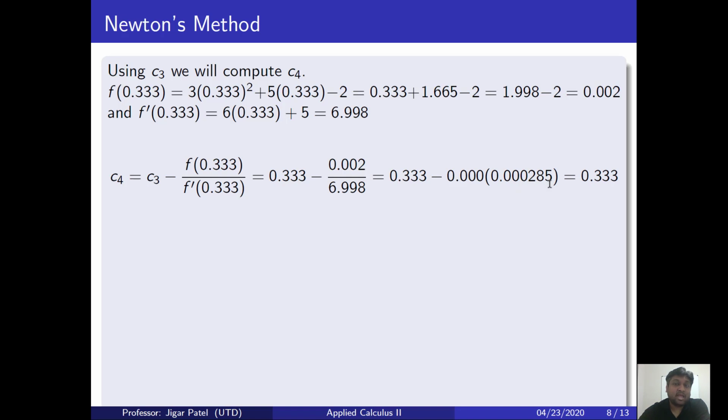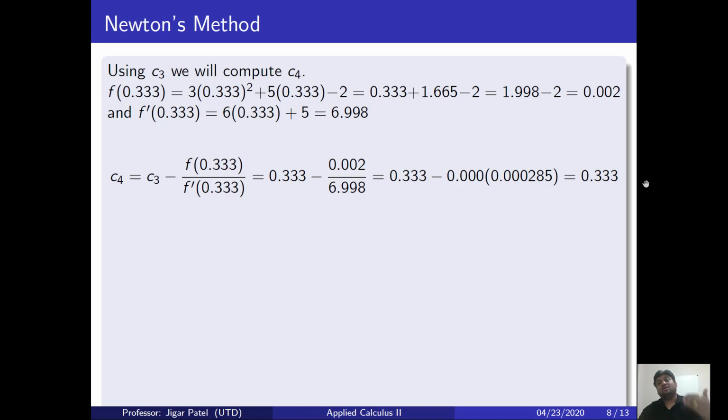0.000285. Because we are only considering 3 decimal places, I'm going to write down only those 3 decimal places. I realize that I get the same entry back. That means C3 is the one that is approximated, that is 3 decimal accurate.